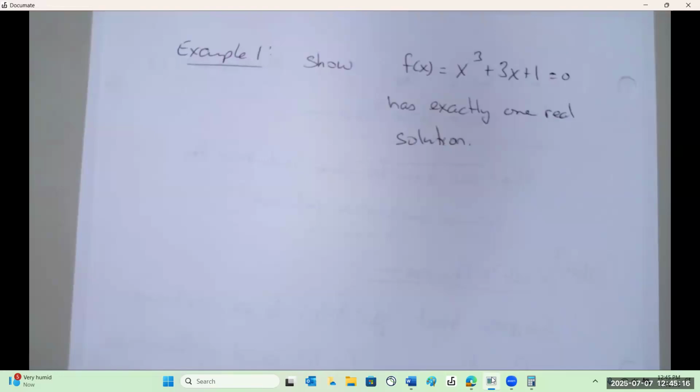We talk about the intermediate value theorem. What does the intermediate value theorem tell us?